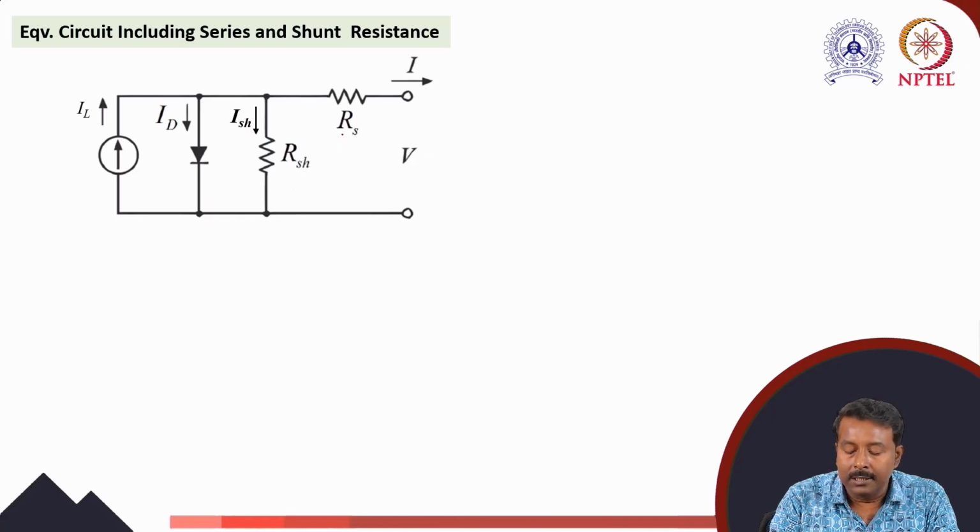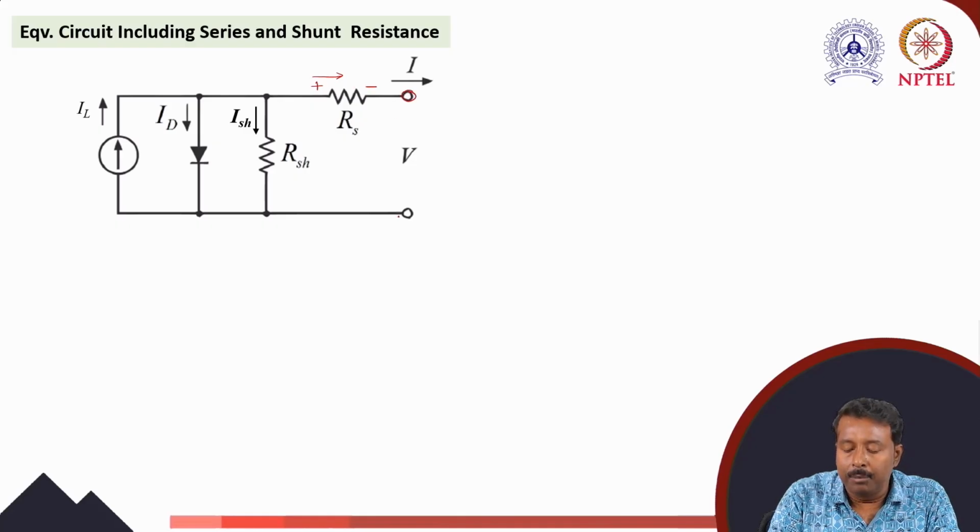This RS is in series as expected, and so there is a potential drop across this RS, obviously, as current flows from here to here. This plus minus potential drop would reduce the terminal voltage here.